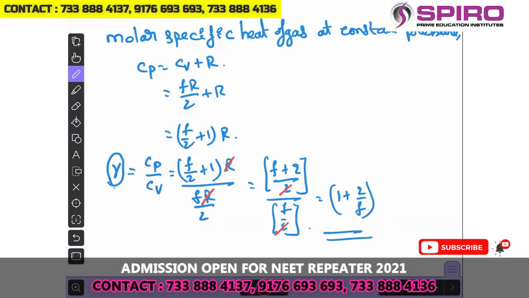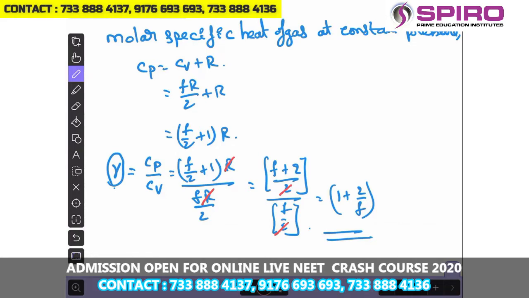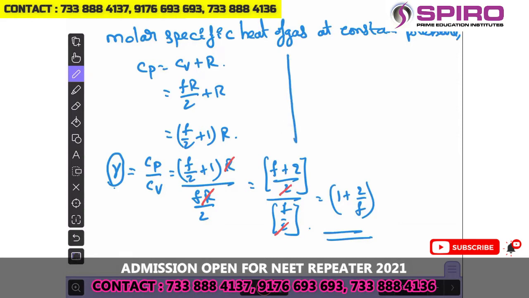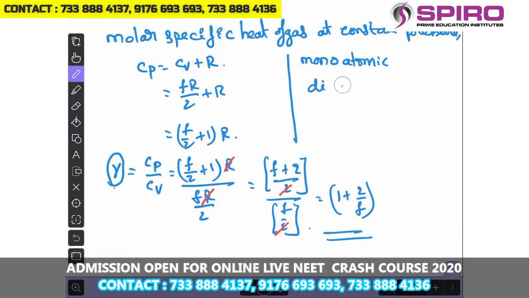According to the atomicity, the degree of freedom is different from one type of gas to another type of gas. According to the atomicity, we have monoatomic, diatomic (di means two), and polyatomic gases.